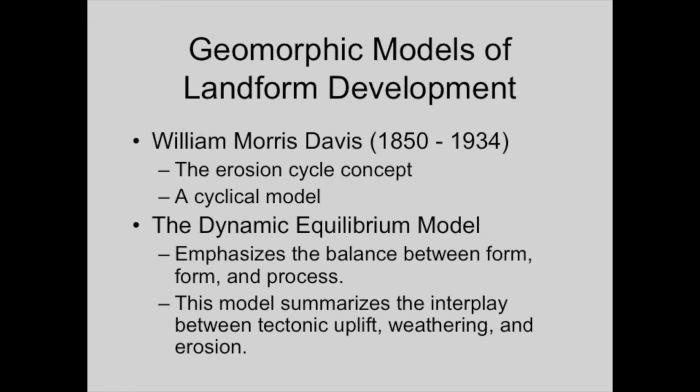According to Davis's cyclical model, the landscape eventually evolves into an old erosional surface. So this was the conclusion to Davis's model: the idea that a lot of what we see today in the modern world is really ancient.